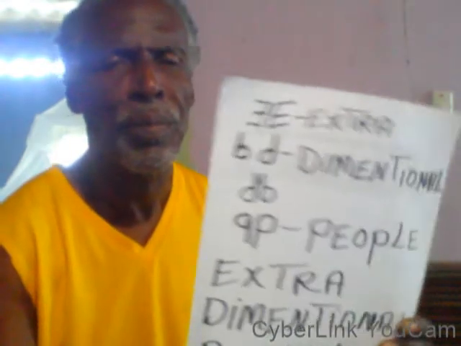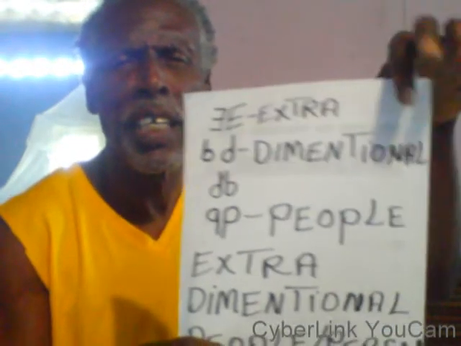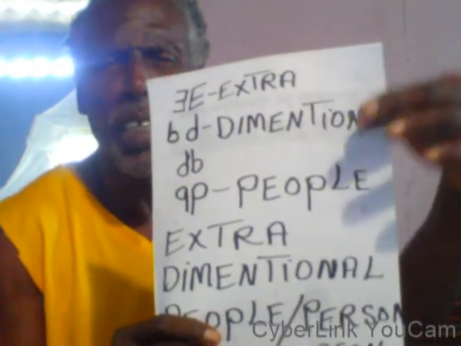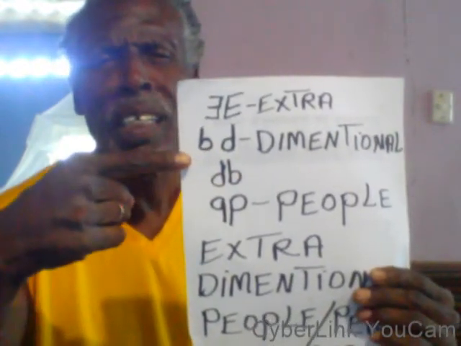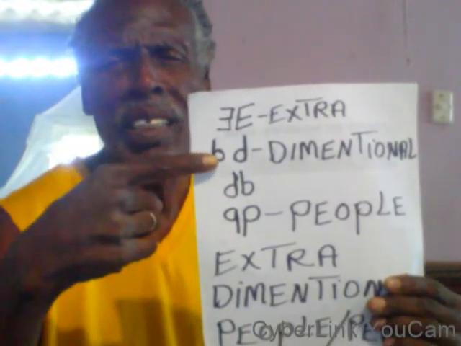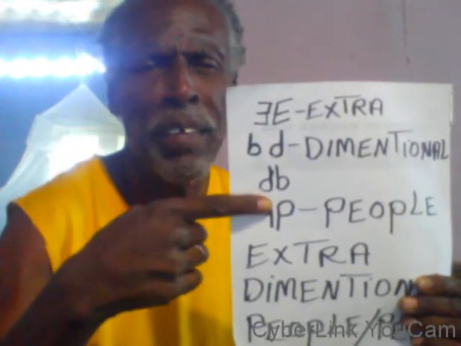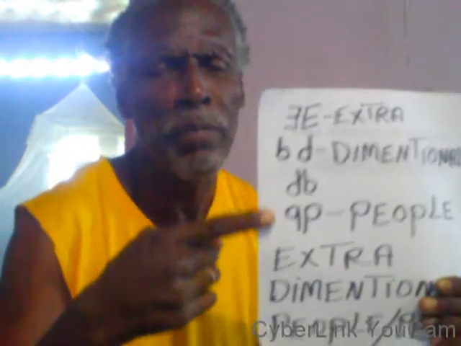So I got 3 numbers. Look at here. You can see it good. This is the E here. Back to front you get 3. This is the D here. You got 6 back to front, and this is the P. You got 9 back to front. So you have E, D, P.